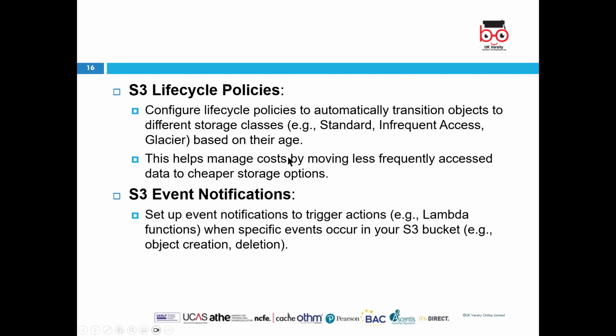S3 lifecycle policies will now come in, configuring the lifecycle policies to automatically transition objects to different storage classes. And we'll now have S3 event notification, where we set up event notifications to trigger actions.